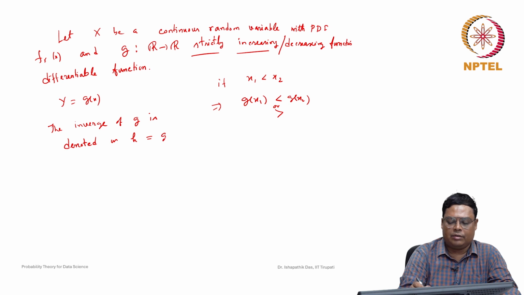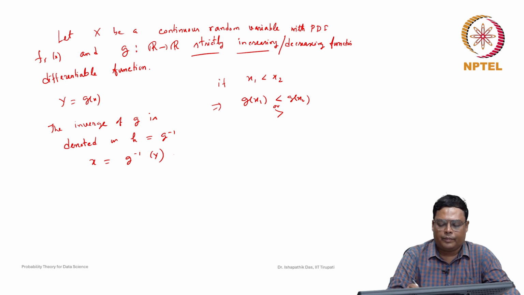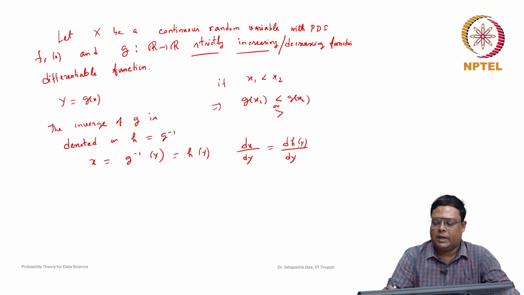So h is equal to g inverse, which means x is equal to g inverse of y, which is h of y. Now if you find dx/dy, this will be dh(y)/dy.